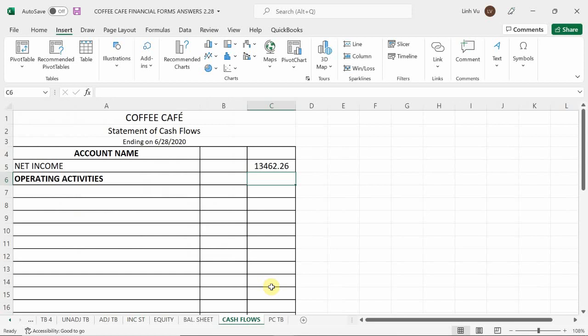So in this case, net income is where we need to begin, because we have to subtract out things that we have not received cash for.